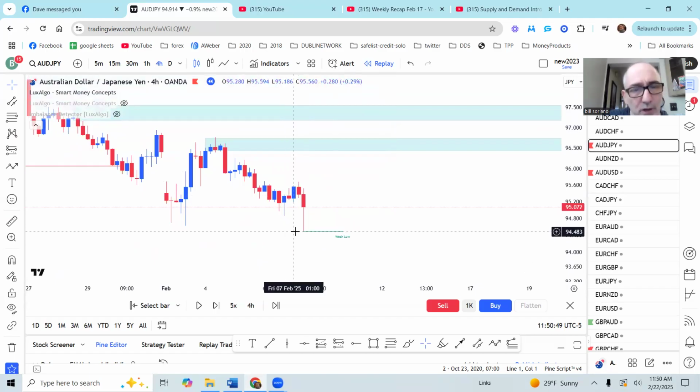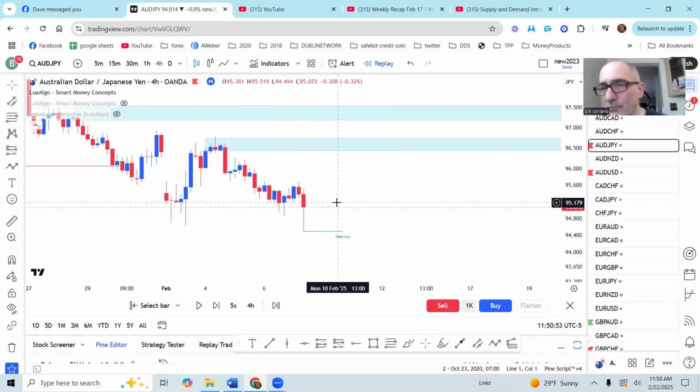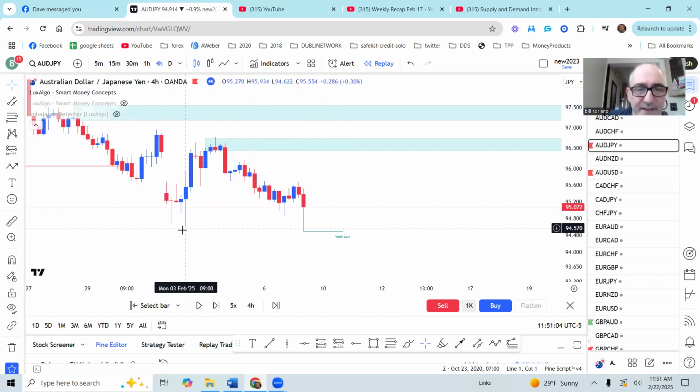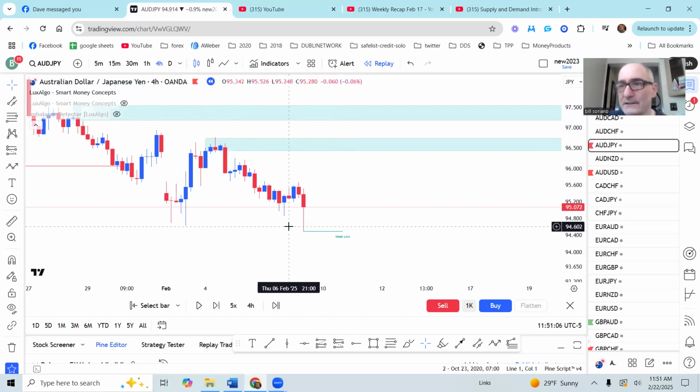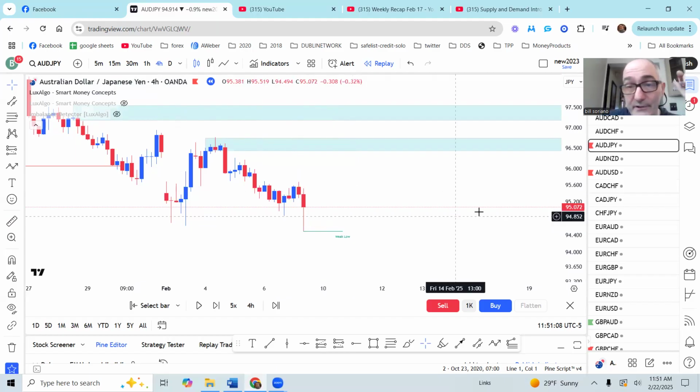We do make a new low with the wick, but when we're trying to identify structure breaks, break of structure, change of character on the 4-hour time frame to determine market direction or the trend bias, so to speak, we need bodies of the candles to close below those wicks. Okay. And we don't have that here yet.